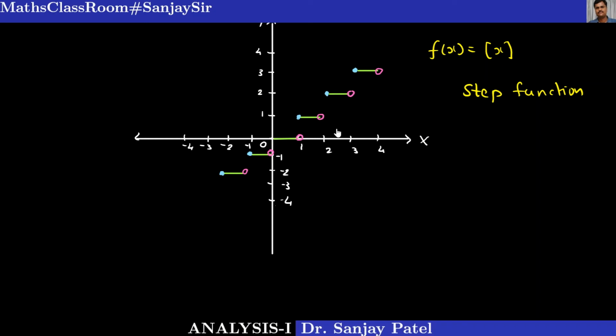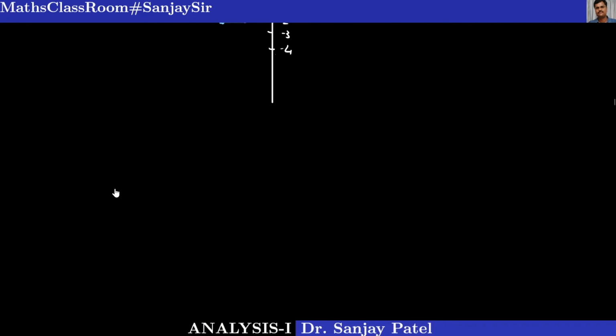So that is the first observation. And for all other points in the domain, the function is continuous because it behaves like a straight line or line segment. So two observations from the graph. This bracket function is discontinuous at every integer, and secondly it is continuous at all other non-integer real numbers.